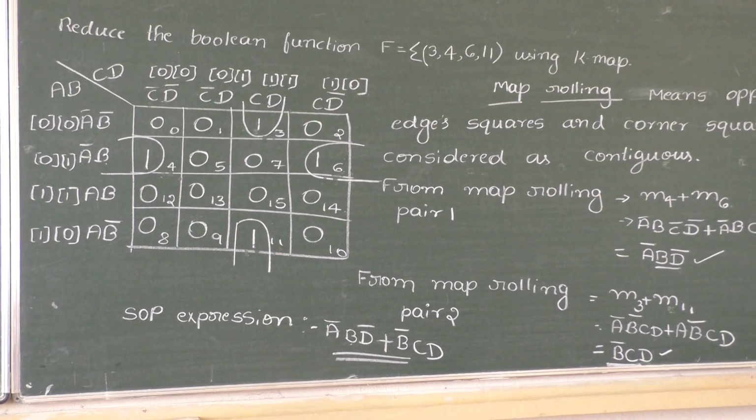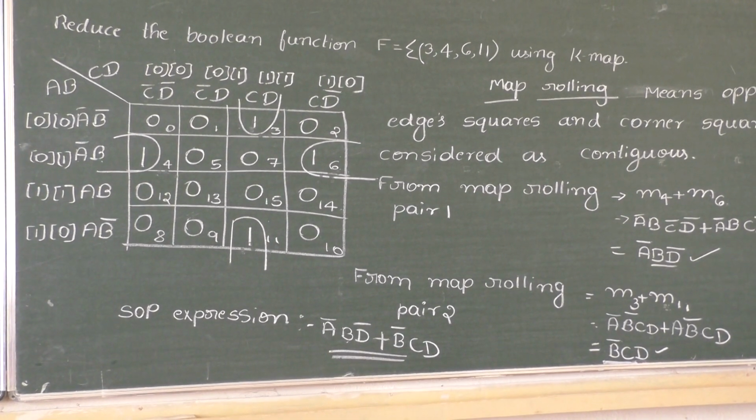Now we shall see how to roll the map using ones in the corner squares. Next problem.